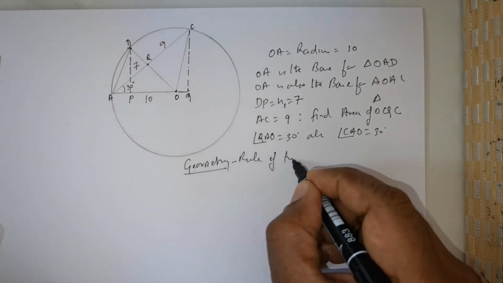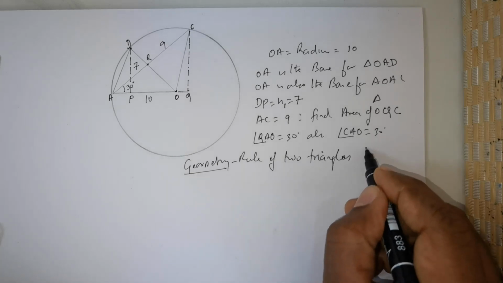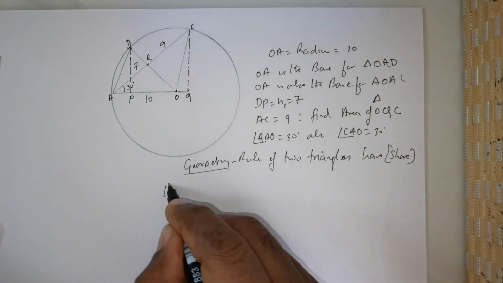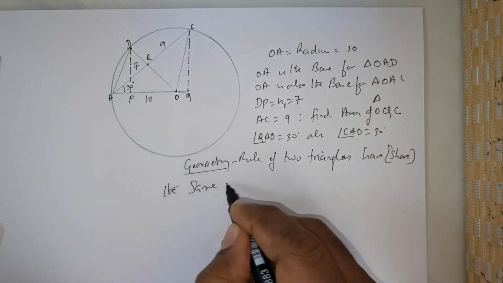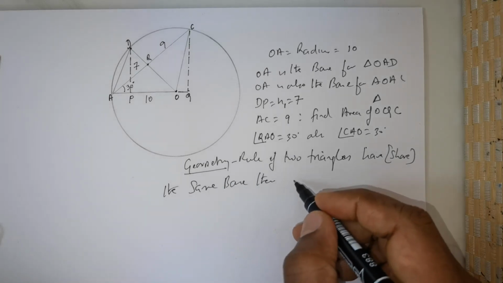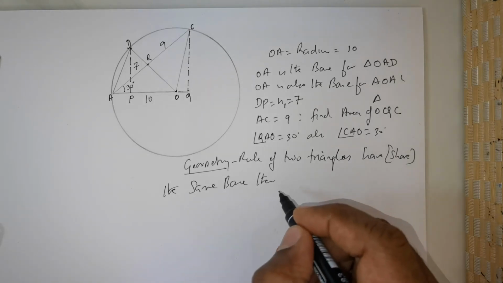If two triangles have or share the same base, then their areas are in proportion to their heights. So that is an important concept that you have to know.